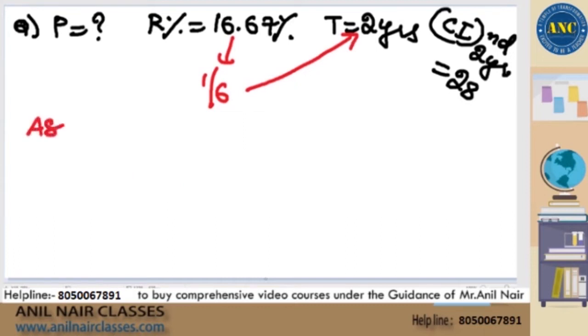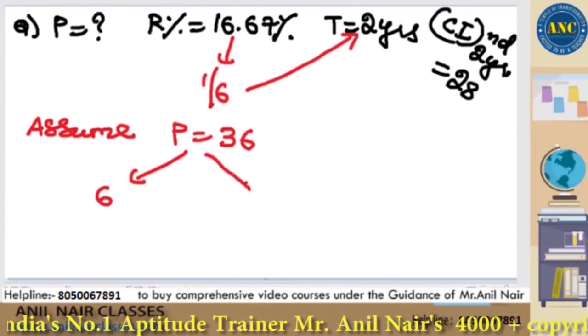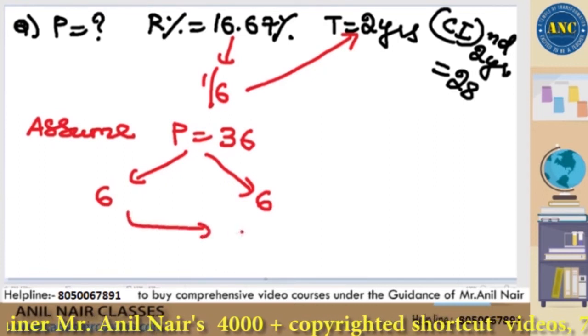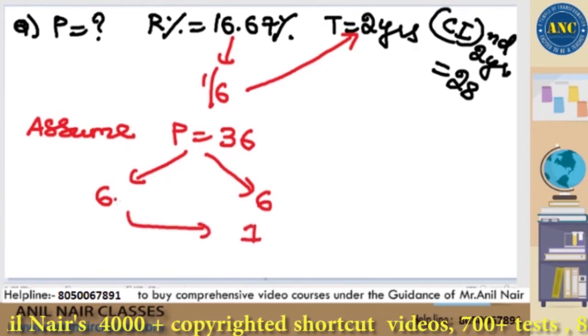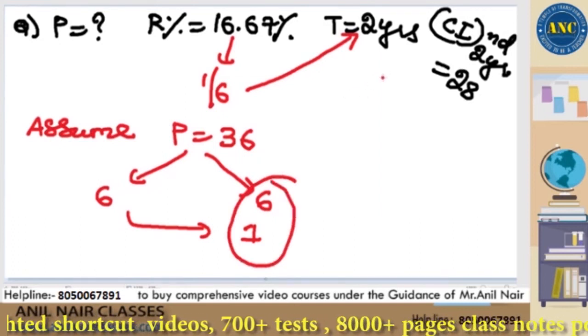Assume the principal equivalent to 6 square, which is nothing but 36. If it is 36, 1 by 6 of 36 is 6, and 1 by 6 of 6 is 1. So this is 6 plus 1, which is the CI for the second year.